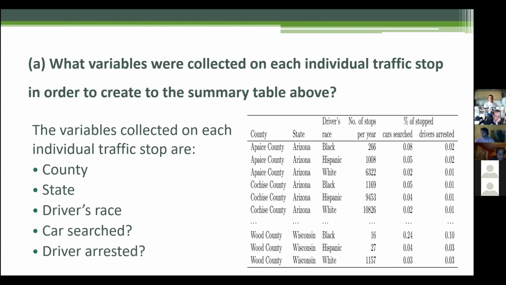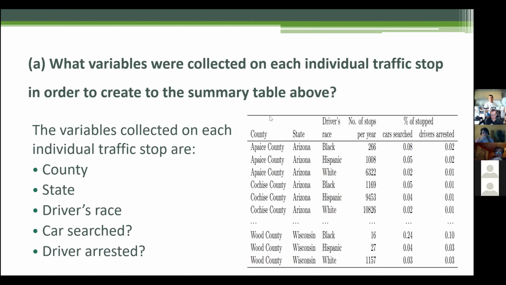Then the question is, of the variables collected, which are the types? The variables collected are county, state, driver's race, car search yes or no, driver arrested yes or no. I'm referring to the raw data, not the summary table.